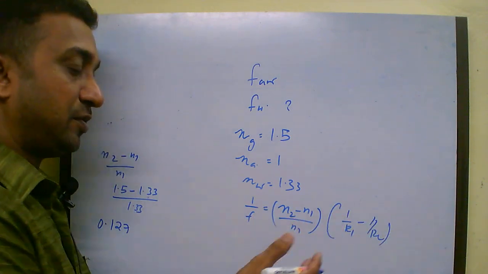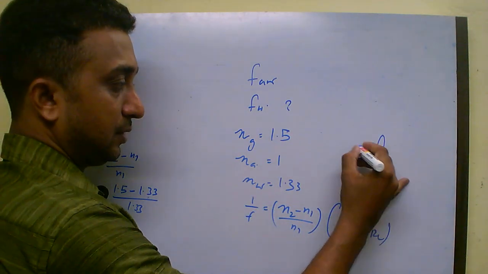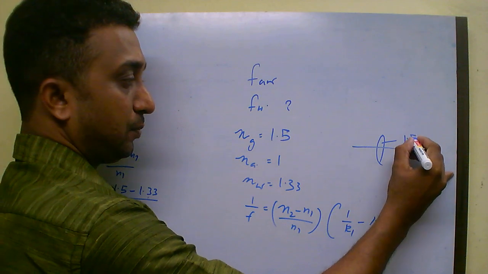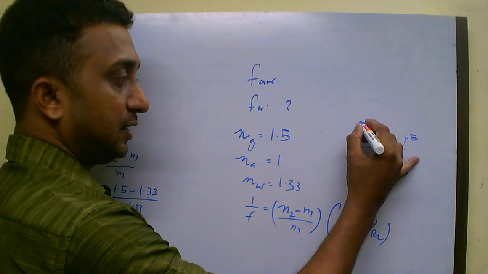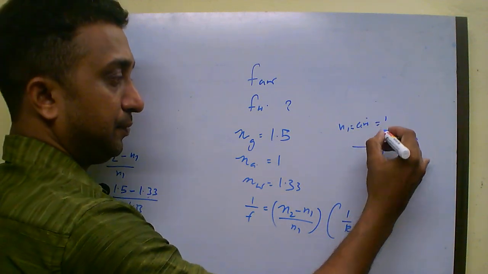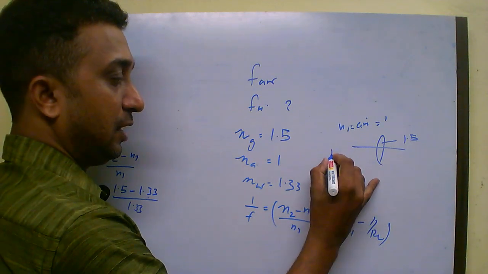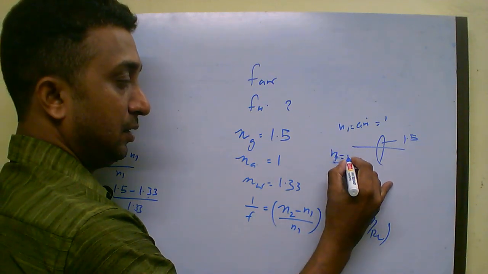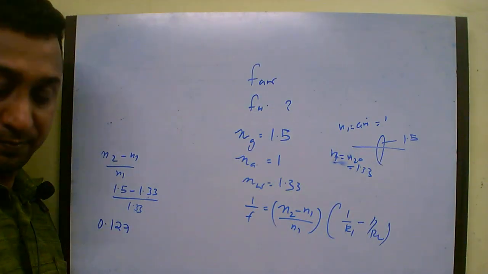So I will just tell you what it is. n2 is the refractive index of the material, in this case glass, that is 1.5, and n1 is the medium outside. In this case n1 is air, so it is 1, and when you place it in water, n1 becomes that of water, 1.33.